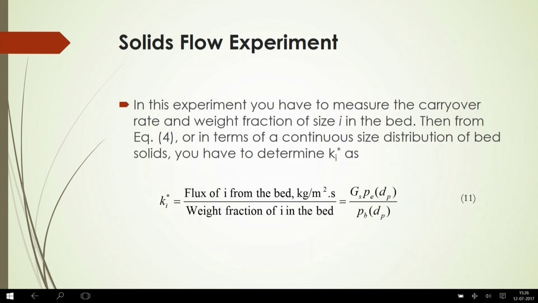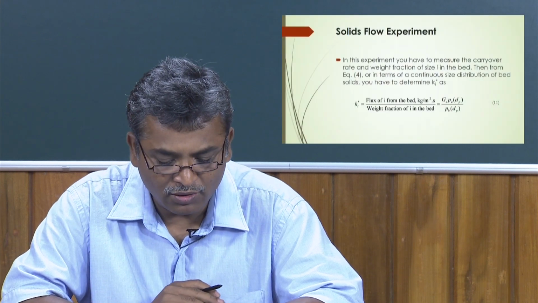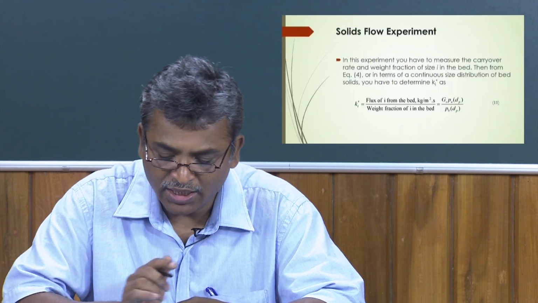As per the solid flow experiment, you have to measure the carryover rate and the weight fraction of the size in the bed, and then from equation 4, or in terms of a continuous size distribution if it is given for the bed solids, you have to determine K star.